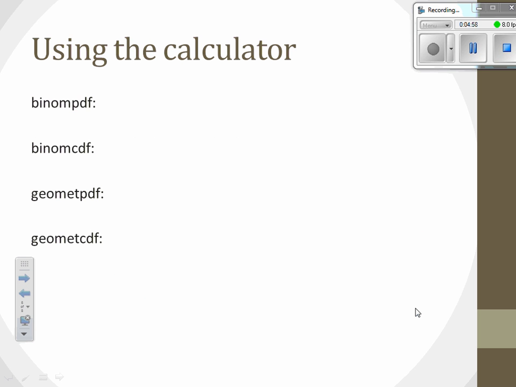So, using the calculator, we started to show you this yesterday or today in class, depending upon when you were there. Binomial PDF, and this is just my rule, I don't think this is at all what they use, but it helps me: P for a particular value, C for a continuous set of values.